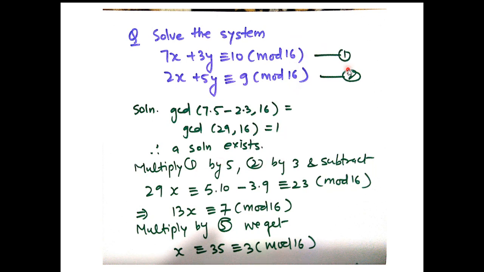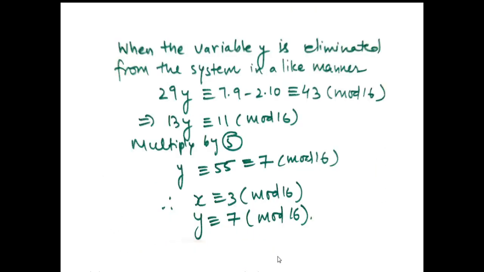Now multiply the first by 5 and the second by 3 and then subtract. We get 29x congruent to 23 modulo 16. So this implies that 13x is congruent to 7 modulo 16. Now multiplying by 5 we get x is congruent to 35, which is congruent to 3 modulo 16.